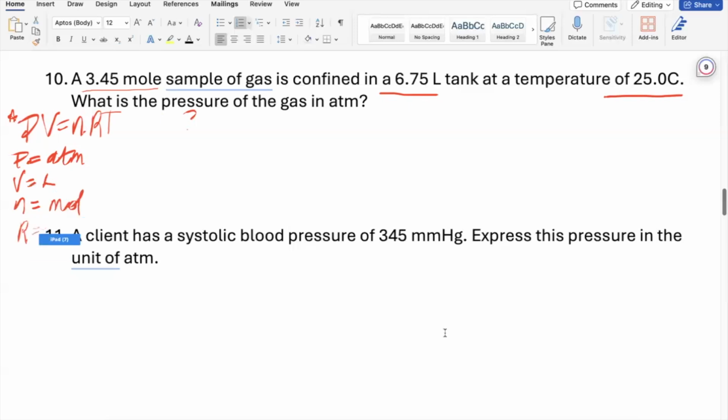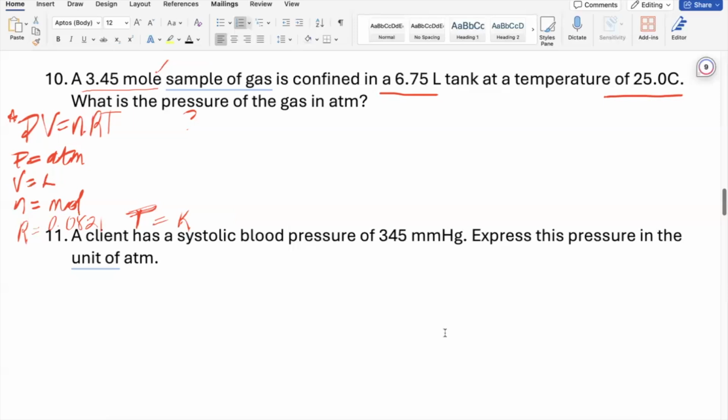R is a constant, and you'd be given this constant on your formula sheet, but it's 0.0821. And then the tricky one here is T is temperature, but in Kelvin. How this problem is given to you on your exam is that you're given moles and liters, so you don't have to do any calculations there.